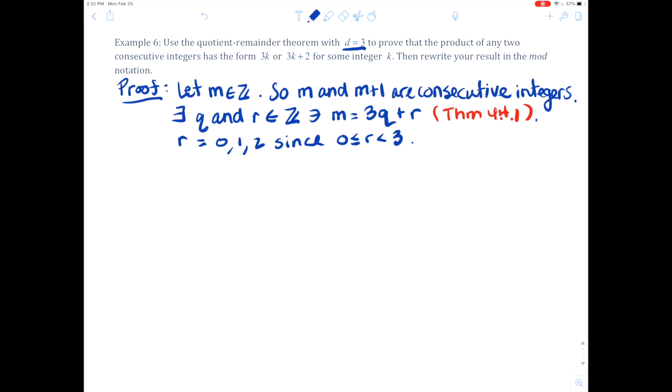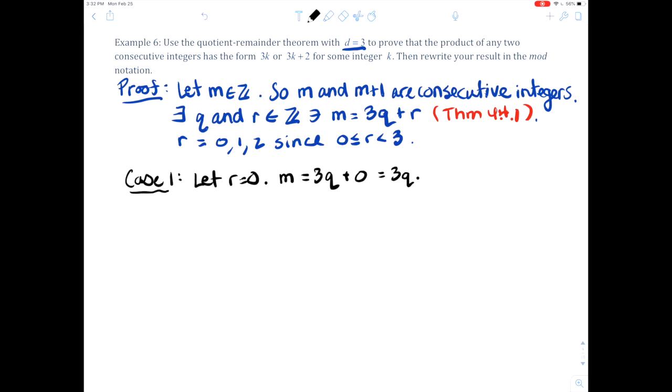Well, what do you think? Let's do our cases. So for the first case, we can let r equal 0. So letting r equal 0, what's going to happen? m will equal 3q plus 0, which is just 3q.